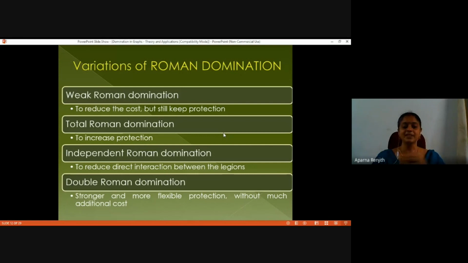And the other one is double Roman domination number. There, the protection is even doubled. Anyway, the strategy was a failure, so we need to increase the protection level. That was the motivation for double Roman domination number. It is a stronger and more flexible protection without creating much additional cost.